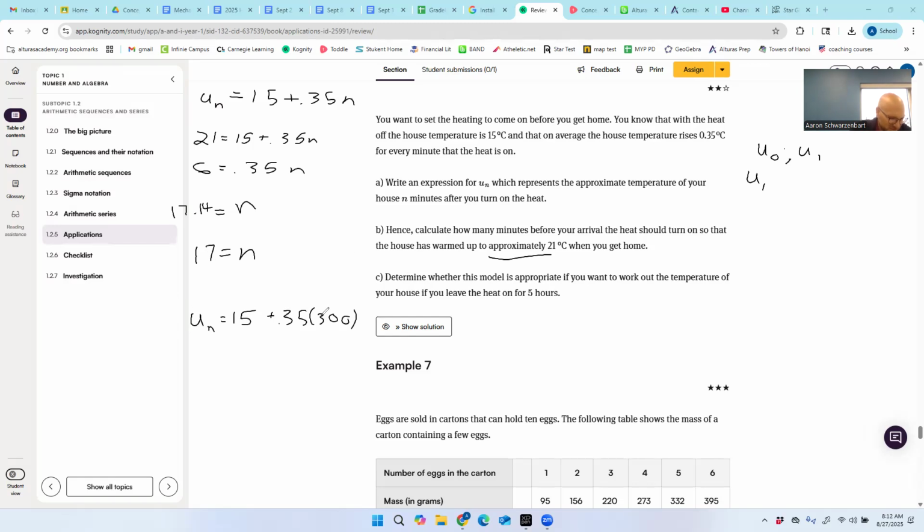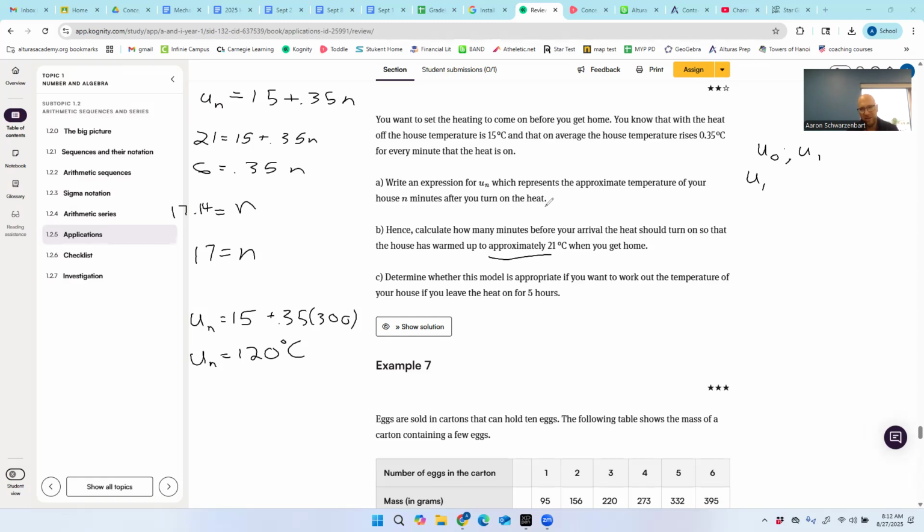We're going to see how hot it would be if I kept this pace for 5 hours. Ooh, yeah, that's going to be a problem. It's 120 degrees Celsius. That's more than the boiling point of water. So, no, the model is not appropriate.